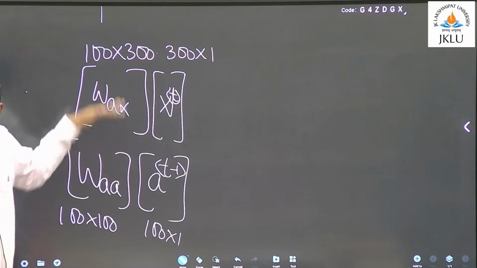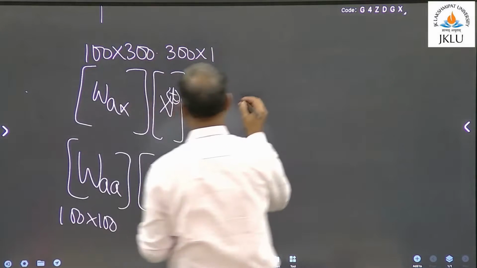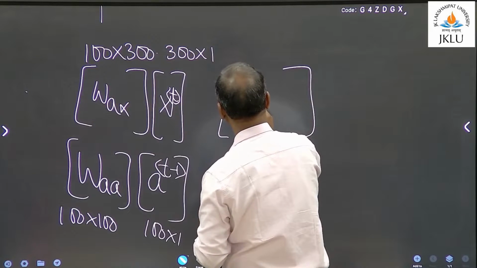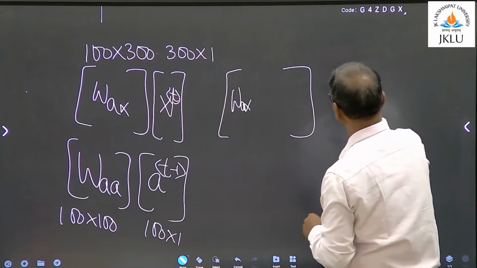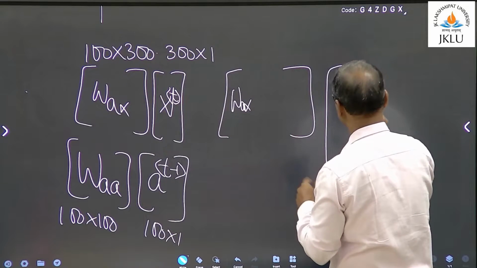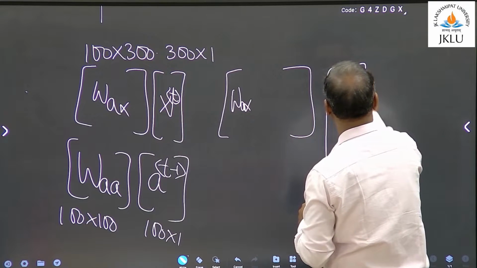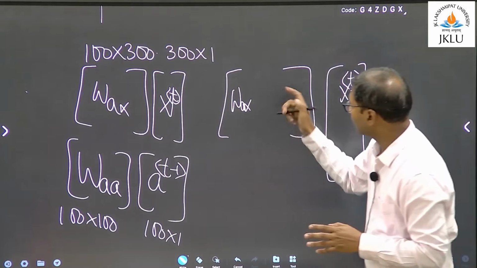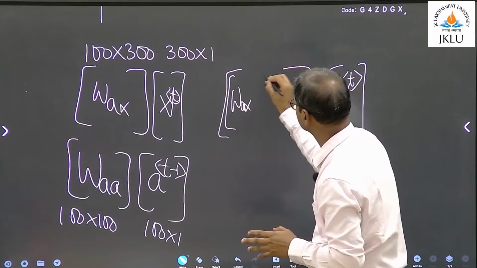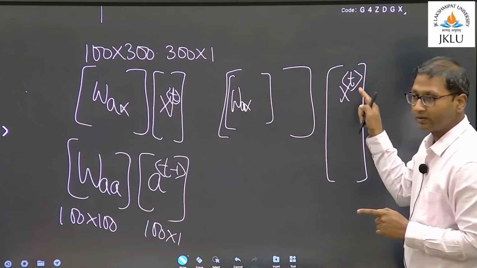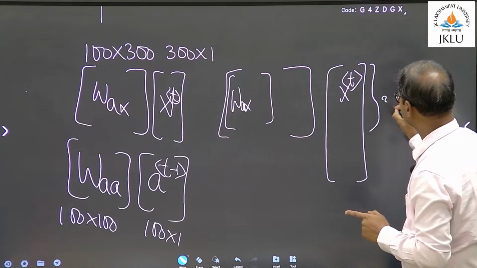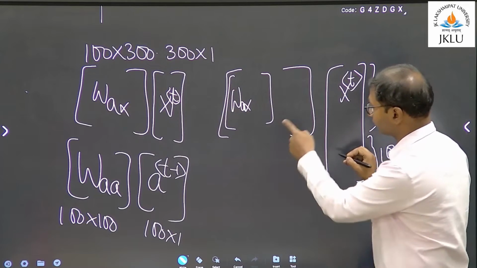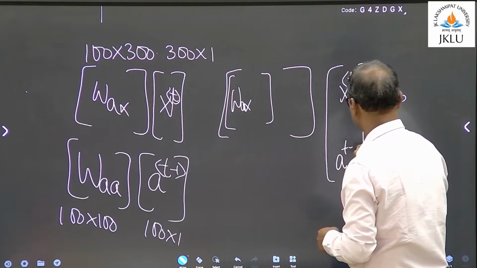So we can basically, now let's say if I do WAX here, and XT here, right? So WAX, this matrix here, will get multiplied with this one. This is 300, and the remaining 100 I keep at minus 1.